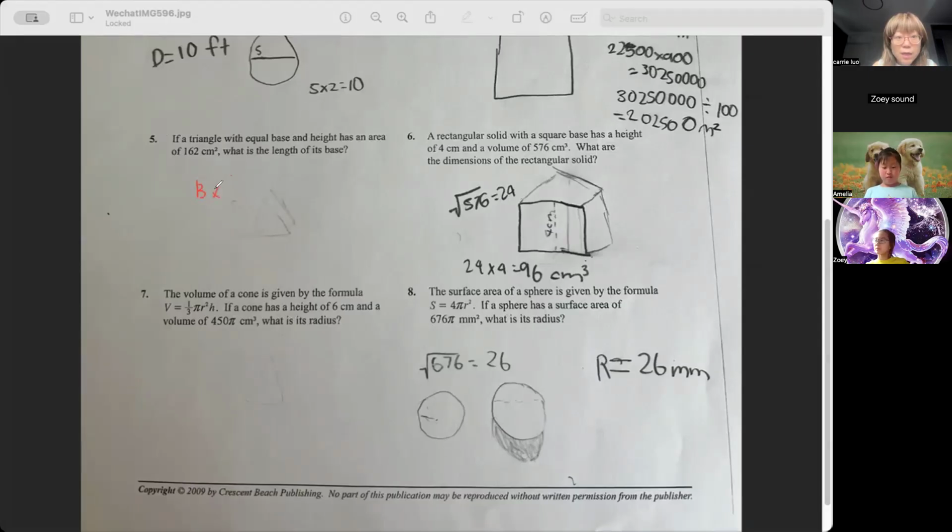Base times height divided by 2 equals 162, right? And base equals height, correct? So base times base divided by 2 equals 162. So base squared equals 81. So base equals 9 centimeters.